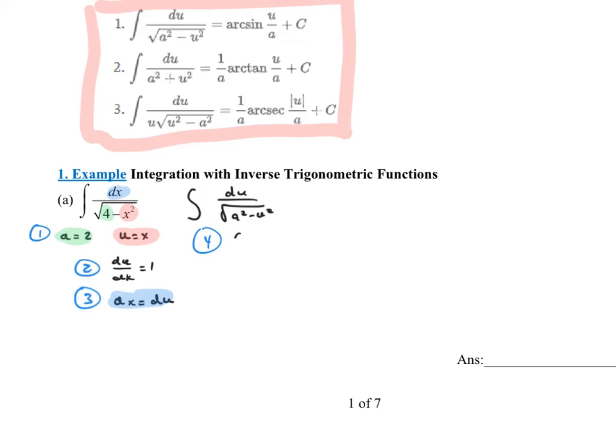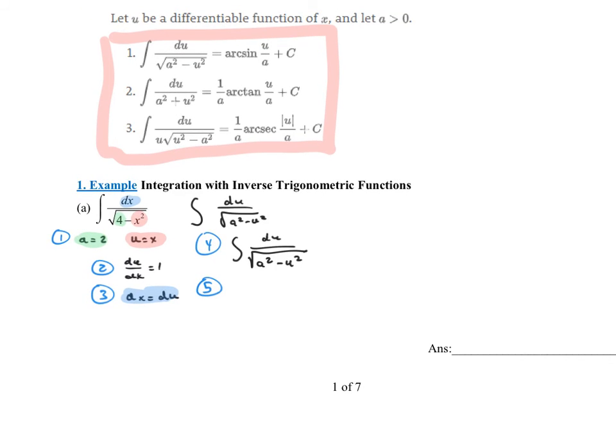So this is going to be the integral of, instead of dx, we would have du. Instead of the square root of 4, that would be the square root of a squared, right? And instead of x squared, that would be u squared. And this is exactly the integral that we wanted to be able to use the rule. So we've shown that we've made it fit the rule so we can apply the rule for integration. If we apply the rule, this is equal to the arc sine of u over a plus c.